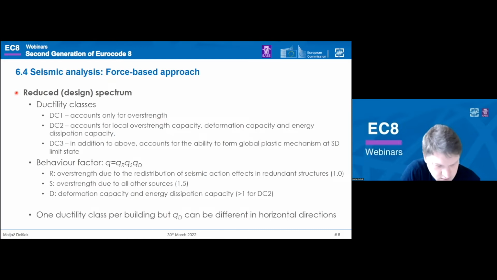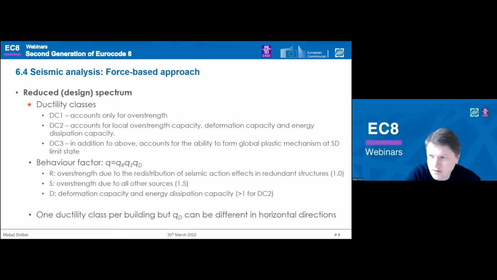Also in the draft of the new Eurocode, when the reduced spectrum is defined at the beginning, it's still the terminology reduced design spectrum. So this perhaps should be addressed in the next modification of the draft. And yes, the ductility classes are still present as discussed by Professor Bisch.